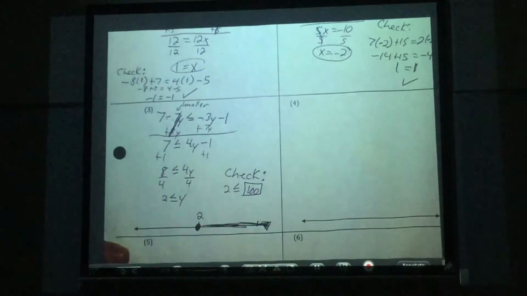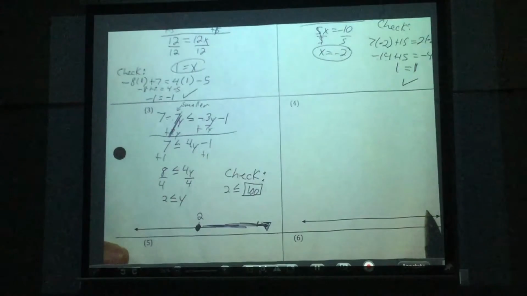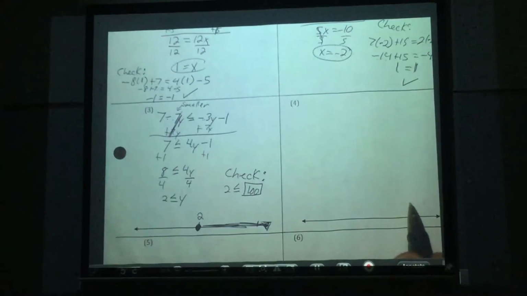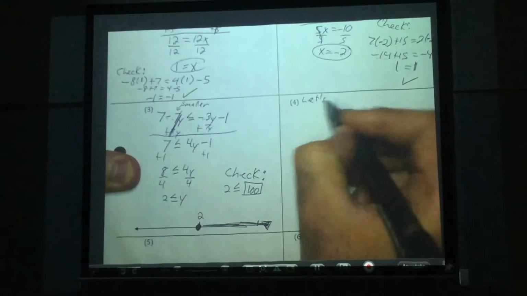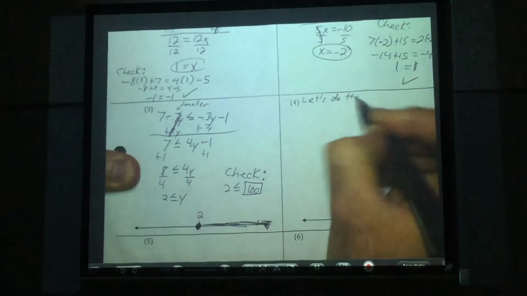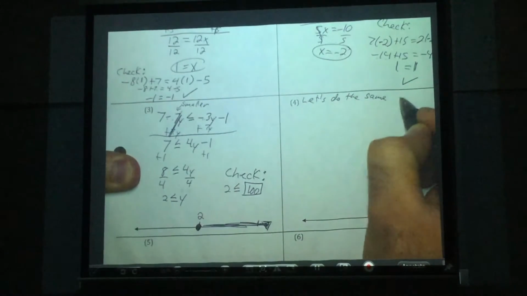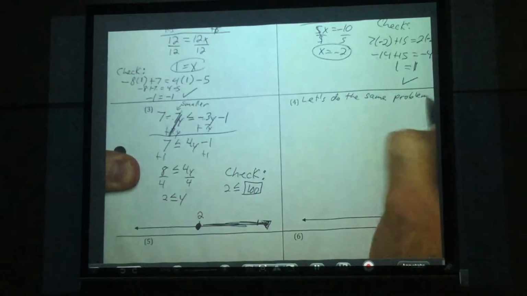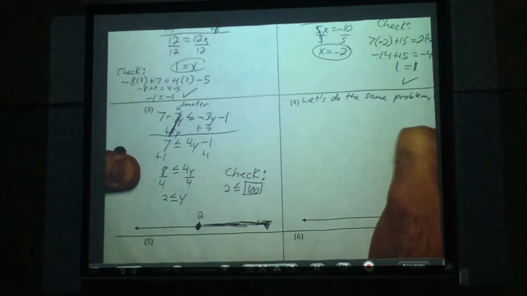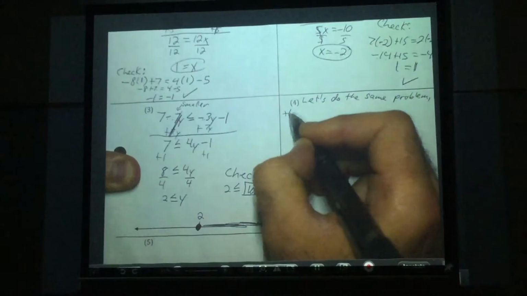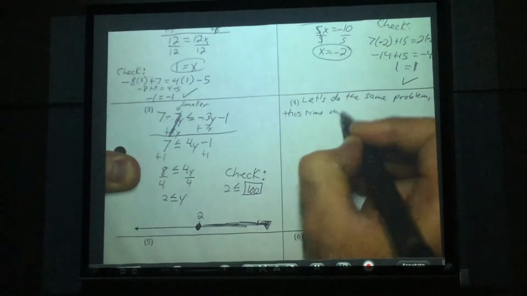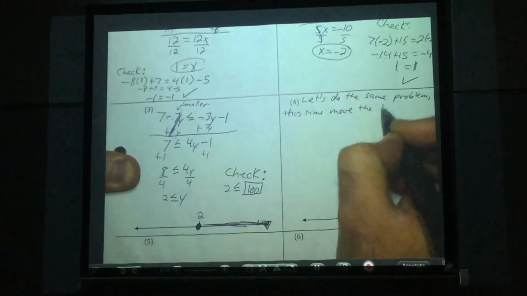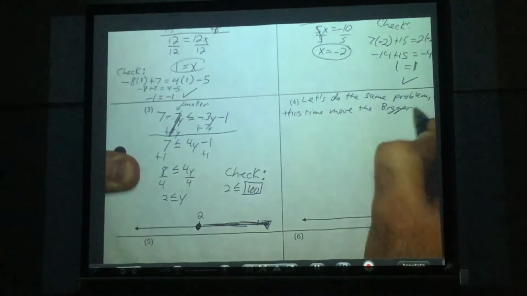Okay? Now we're going to do the same problem, but this time we're going to do something a little different. This time, move the bigger variable.